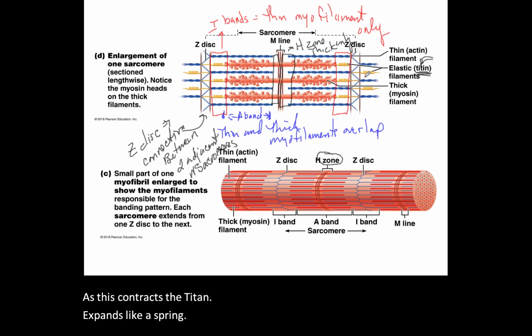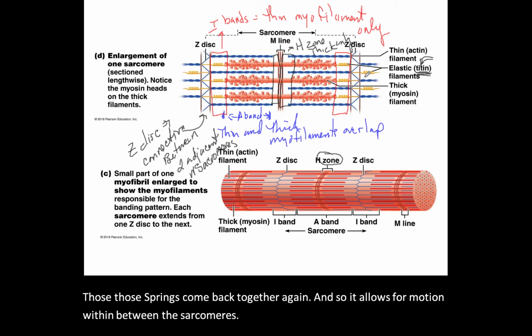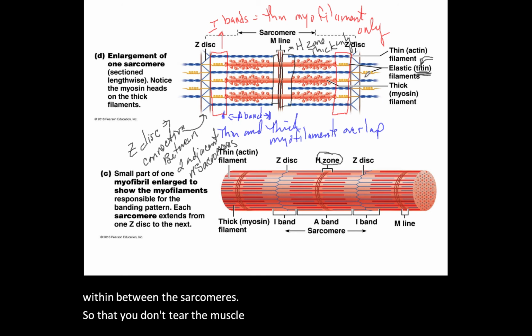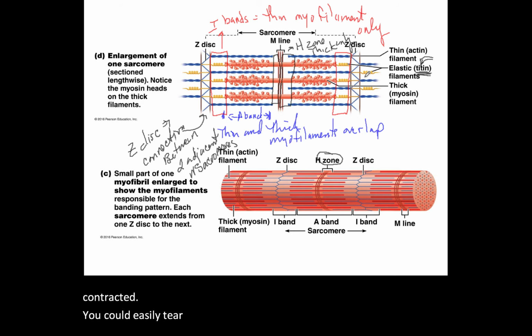And then when the contraction is over, those springs come back together again. It allows for motion between the sarcomeres so that you don't tear the muscle fibers. Because otherwise, if there was no give and one of those sarcomeres contracted, you could easily tear or damage the adjacent sarcomeres.